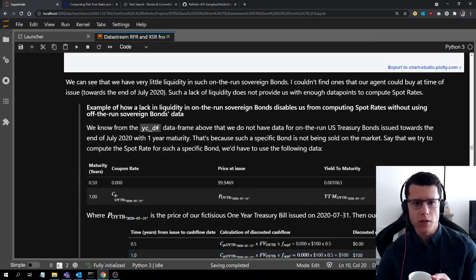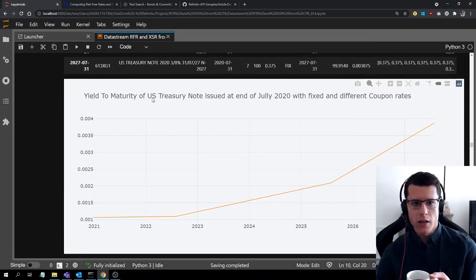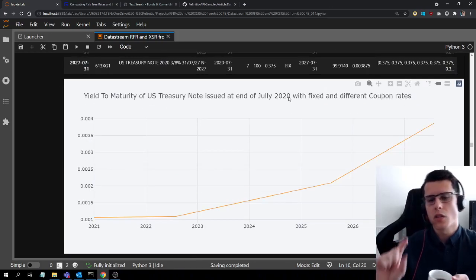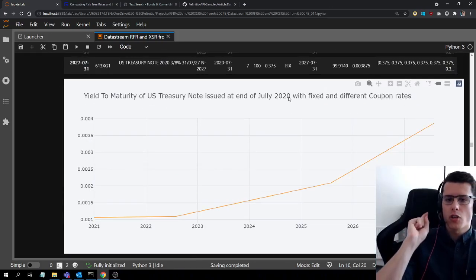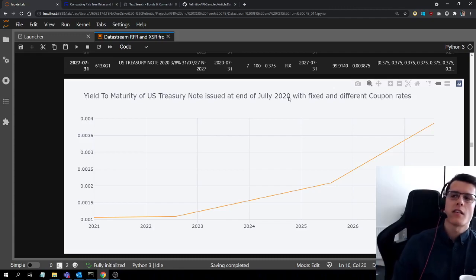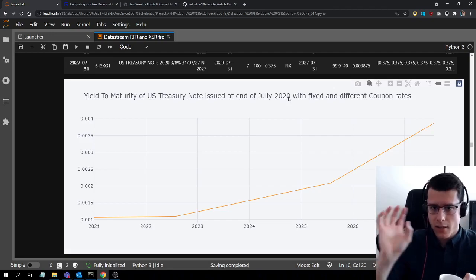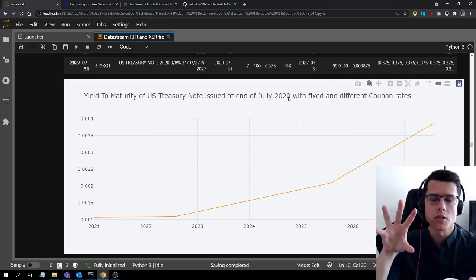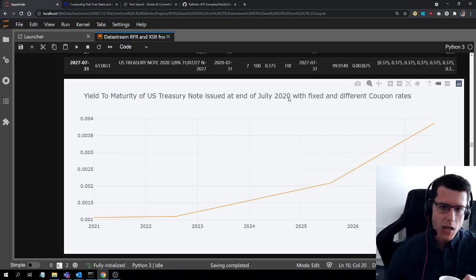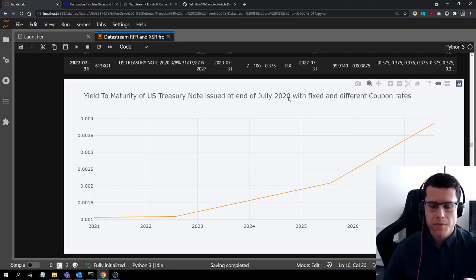So here, for example, we only used US Treasury notes issued at the end of July 2020. But if I was to have used a bond issued at the end of July 2019, and let's say it had a 2 year term, a year later, at the time when I'm taking this snapshot, I'm imagining I am an economic agent trying to invest in all of this. I'm trying to get this snapshot at the end of July 2020, on the 31st.